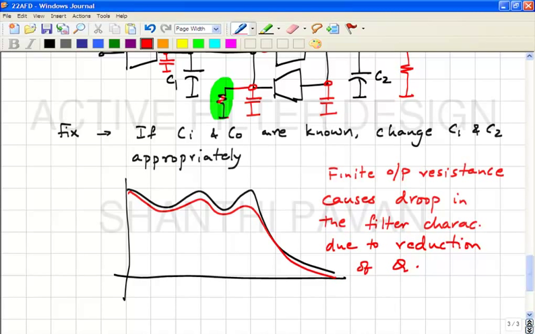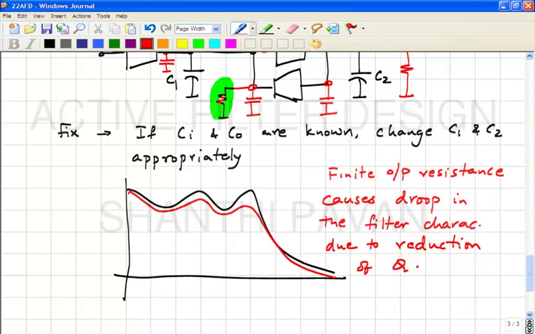This appears in parallel with G, right? So I can reduce G by however much additional G I am expecting because of the finite output resistance of the transconductors. In other words, I know that if I design for a Q of 5, I am getting a Q of 4, right? So I can go and figure out what I should design for in order to get 5. You understand?